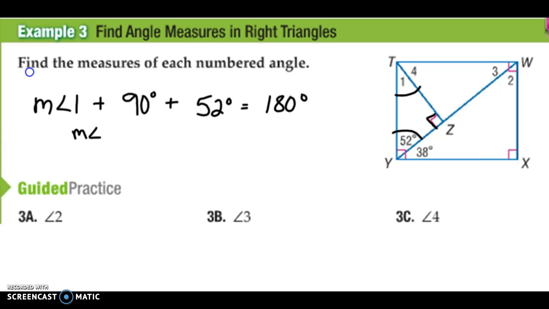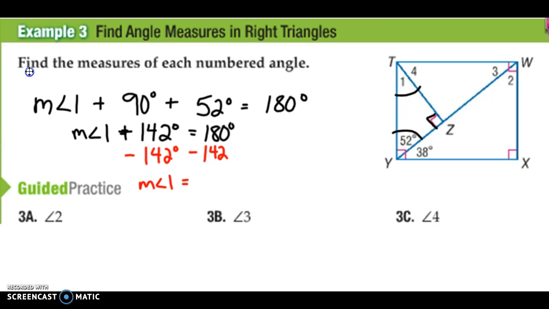So, measure of angle 1, 90 and 52 is 142. It's going to equal 180. We subtract 142 degrees from both sides. And we get the measure of angle 1 is equal to 38 degrees. Alright? So this one right here is 38 degrees.